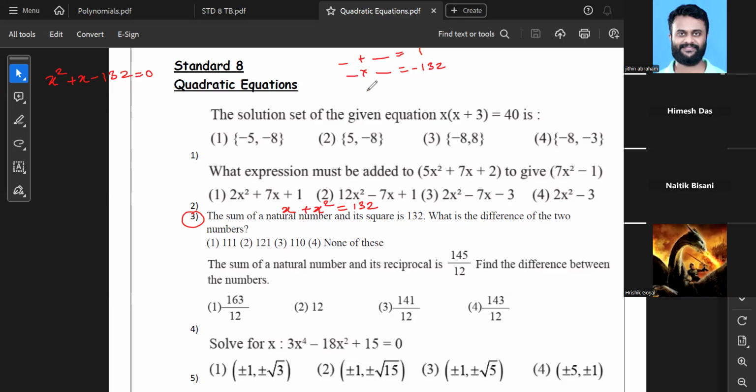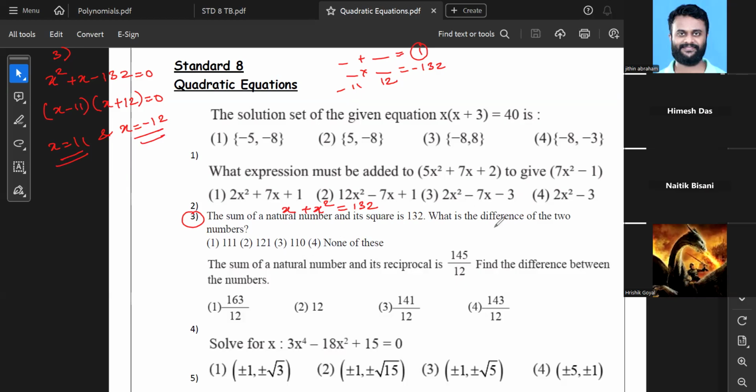Now 132 is 11 into 12, so 11 and 12 are the numbers. Since the addition demands a positive value, you give the negative sign to the smaller number. So 12 and minus 11. The factors are x minus 11 and x plus 12 equal to 0. That gives x equal to 11 and x equal to minus 12.